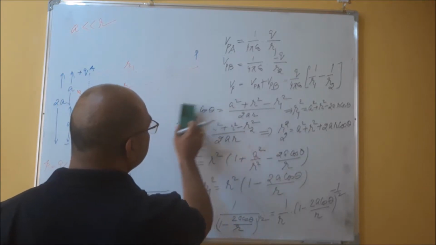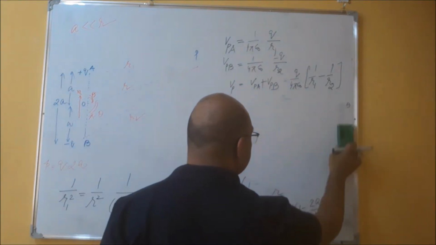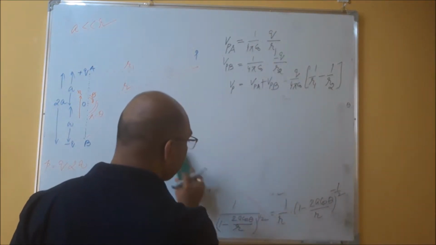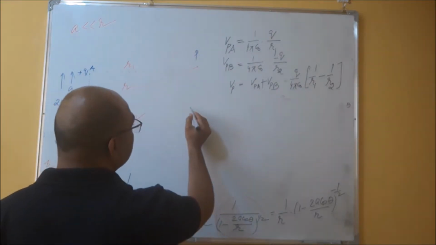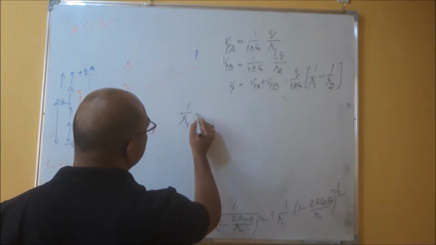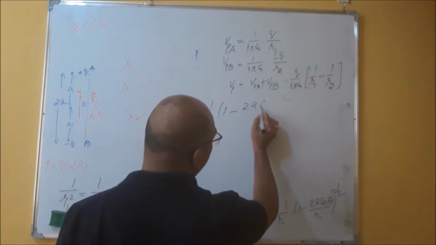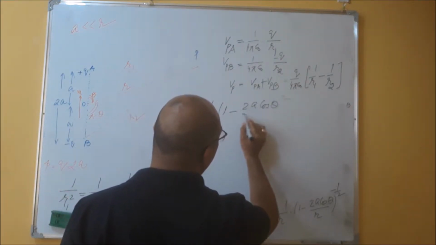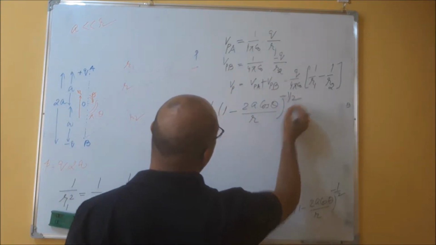I am getting that 1 upon R1 is 1 upon R times 1 minus 2A cos theta upon R, the whole power is minus 1 by 2.